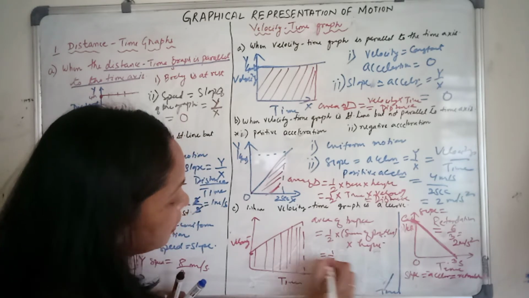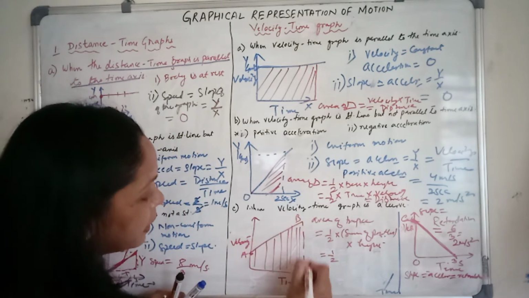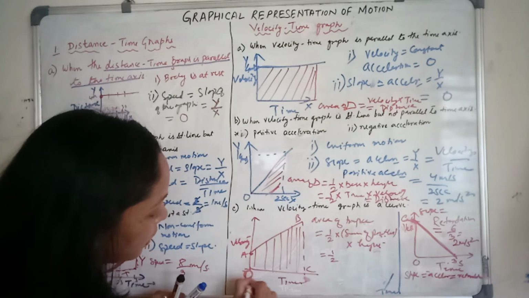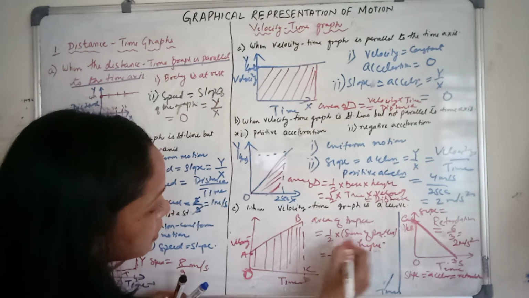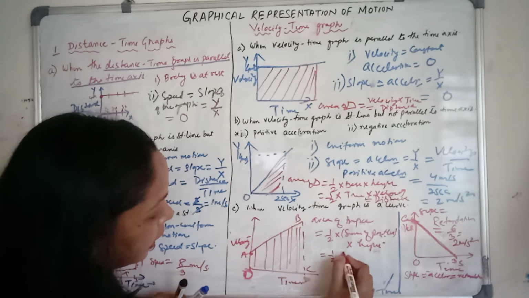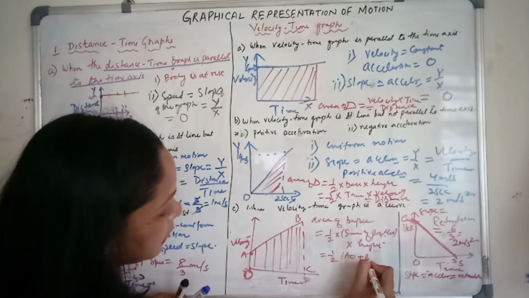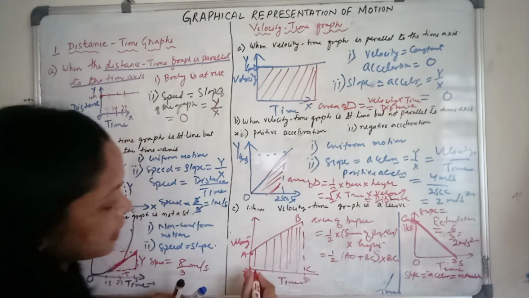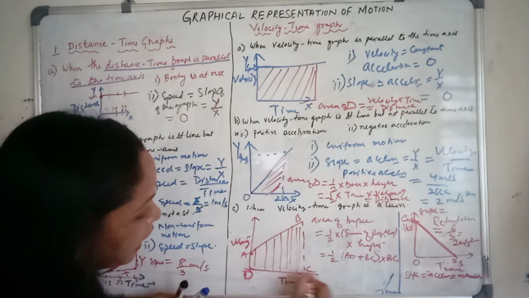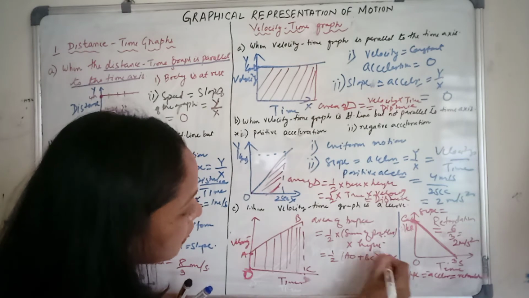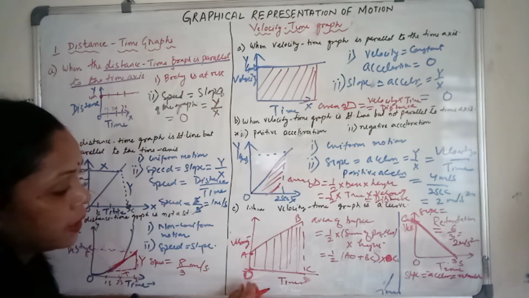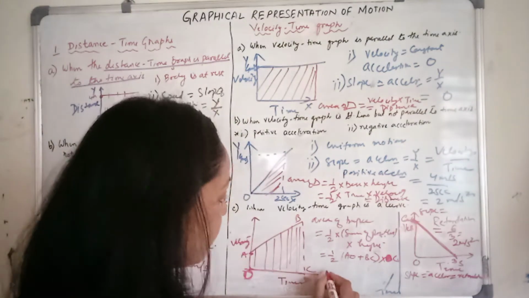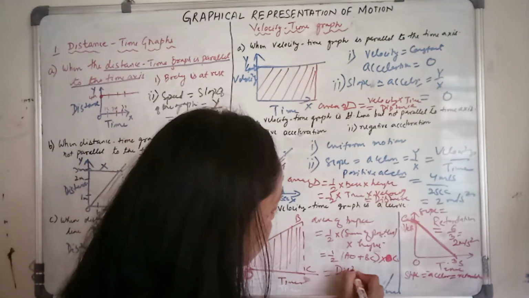If you write this as A, B, C, and this is D, O, then half into sum of parallel sides will be AO plus BC, into height, which will be OC. So this one will be your distance.